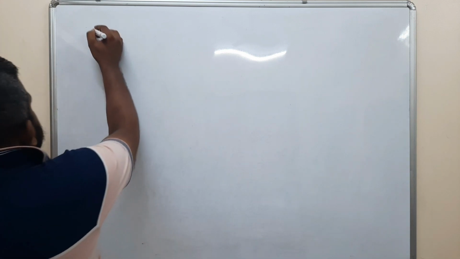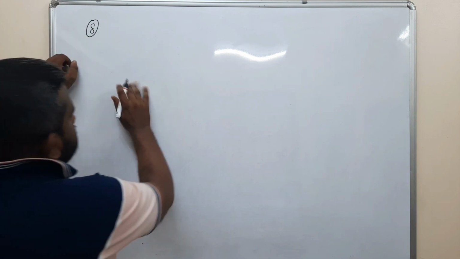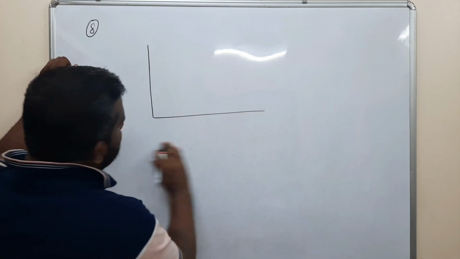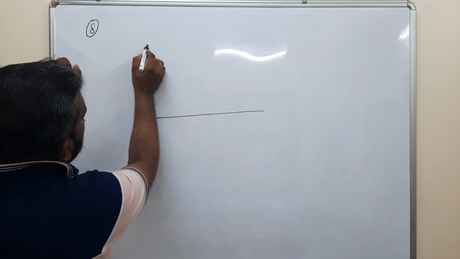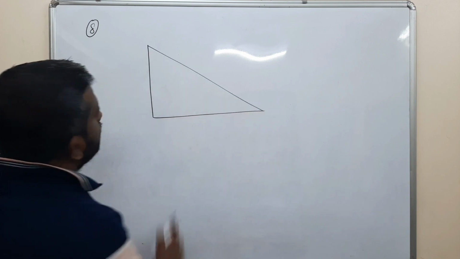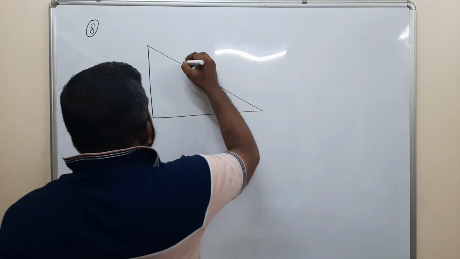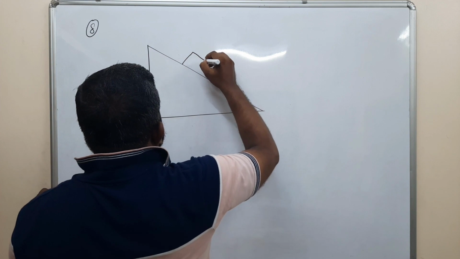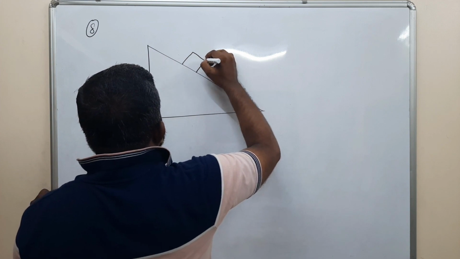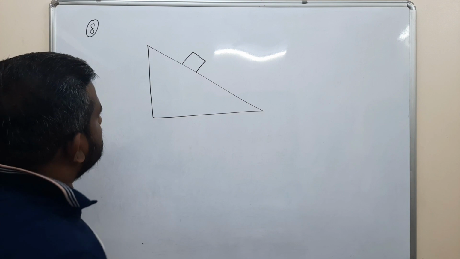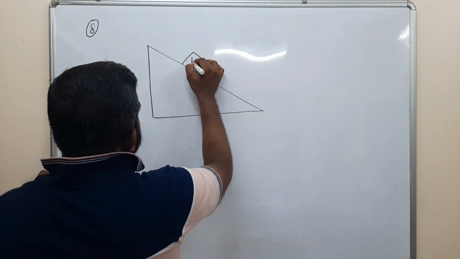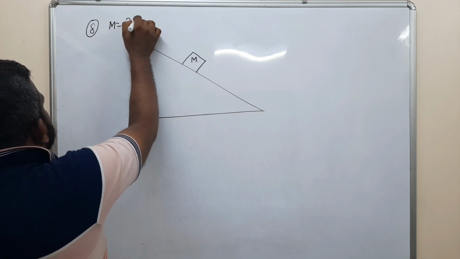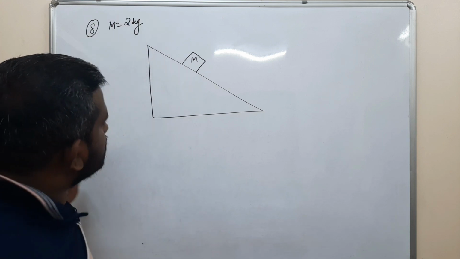So 8th problem. Consider an inclined plane. An object of mass m is on the inclined plane, where m is equal to 2 kg.